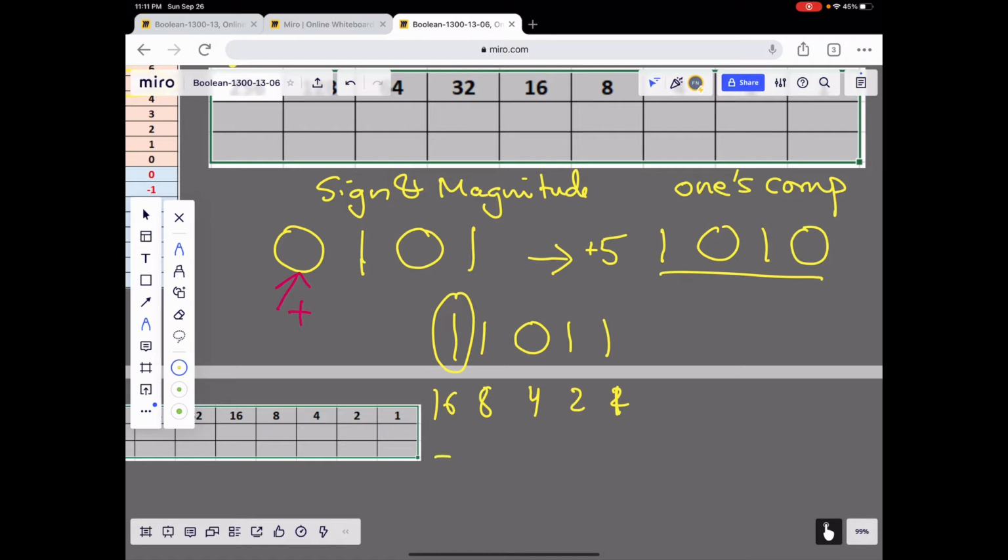So you get negative 16 plus 8 plus 2 plus 1. This one doesn't count. So the answer is negative 16 and positive 11 equals negative 5. All right.